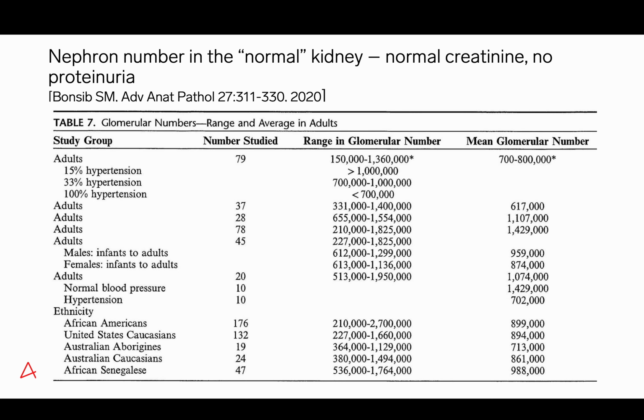And here's a table from that first talk, where in the right column I have the mean glomerular number, which is usually listed in the literature as an average of 900,000 to 1 million nephrons per kidney. But here in the middle, it demonstrates the range we can see amongst various ethnicities in adults and children. And again, a broad range of nephron numbers, 13-fold. In this case, 210,000, 2.7 million, and so forth.